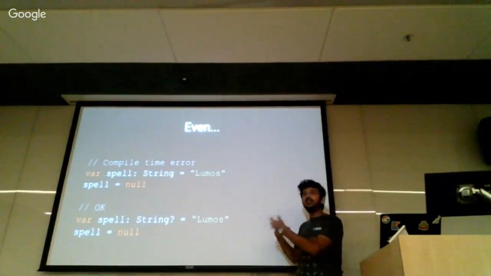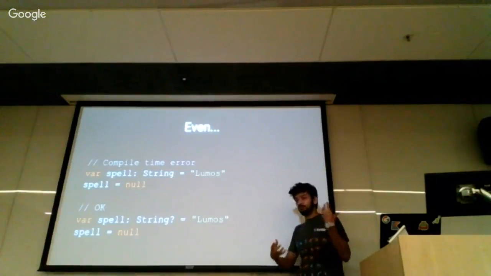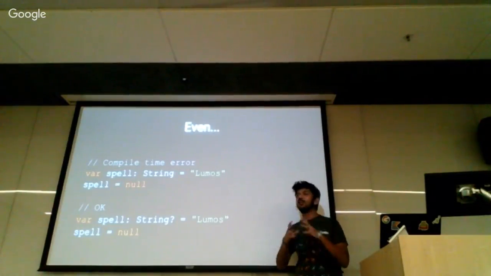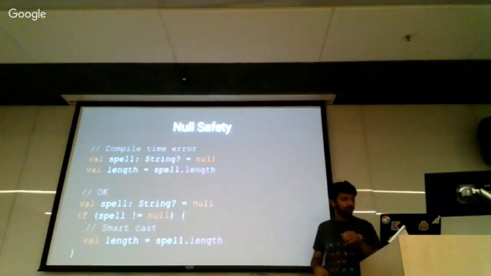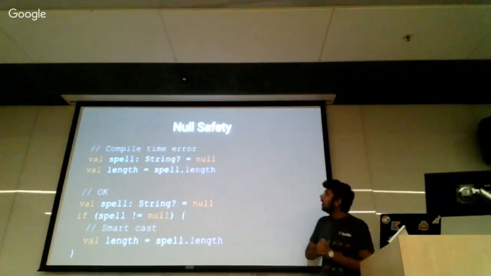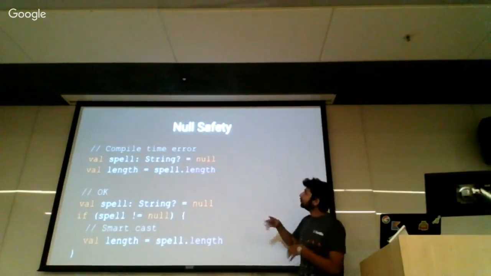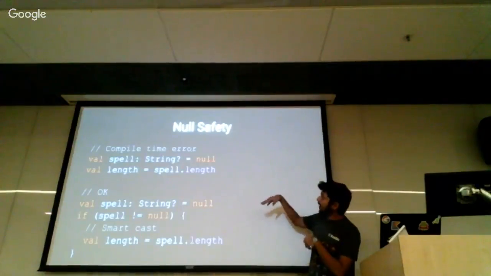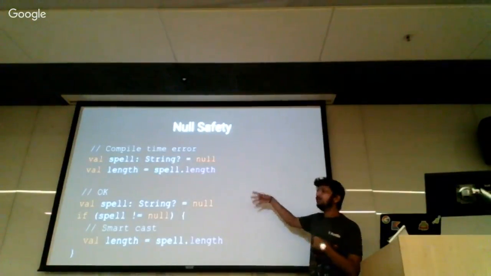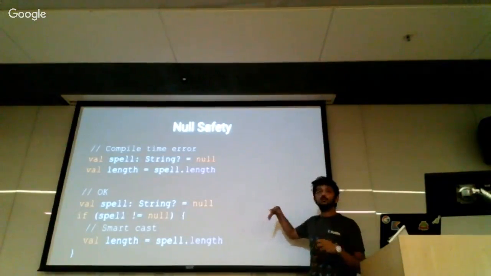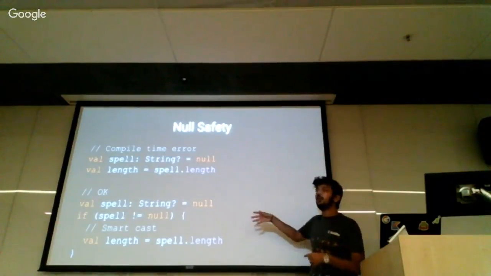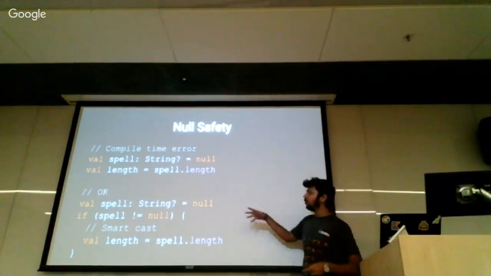So this is about how we declare nulls, but let's see how we access null variables. So there's a null safety system. If you try to access a null value directly, it will result in a compile time error. So you don't see a runtime error, rather you will get a compile time error and you can fix it there and then.